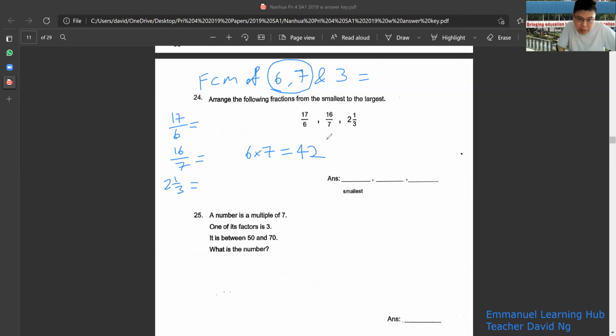Then you have to investigate, is 42 a multiple of 3? Yes. 42 is a multiple of 3.